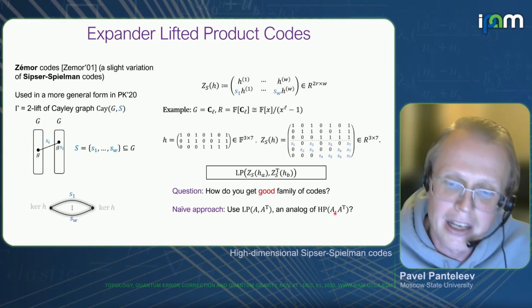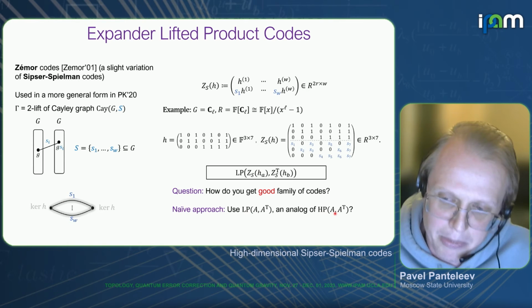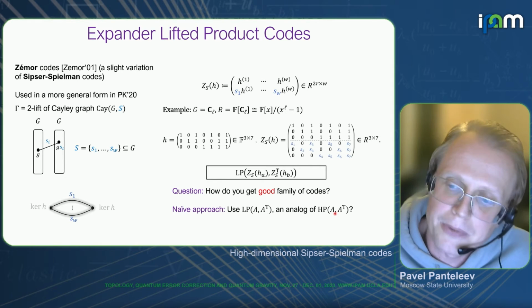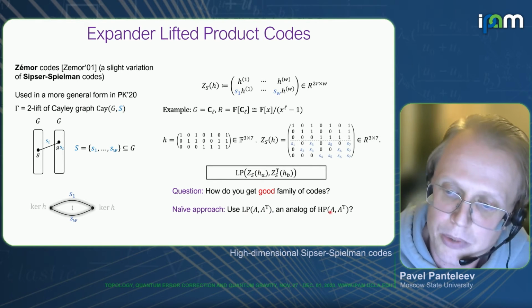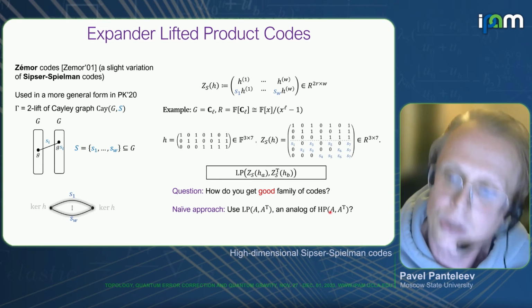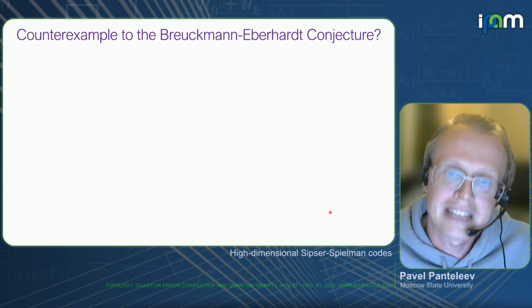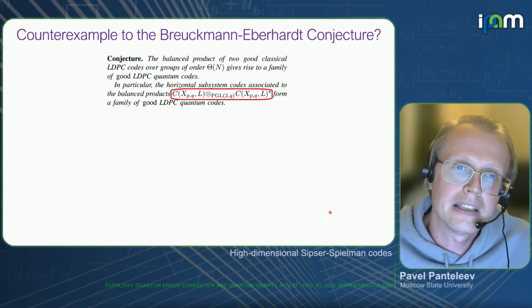But unfortunately, lifted product codes are not like hypergraph product codes. They do not have this nice property that if we use good codes, a product of good codes, we obtain also a good code. Unfortunately, it doesn't work like this for lifted product codes.